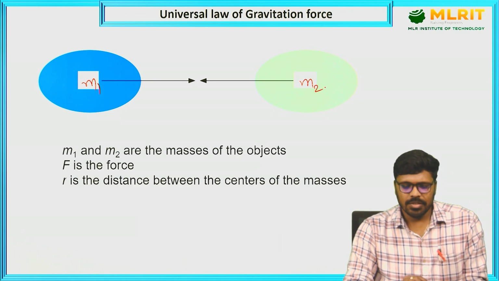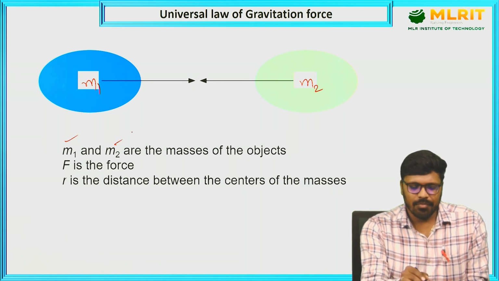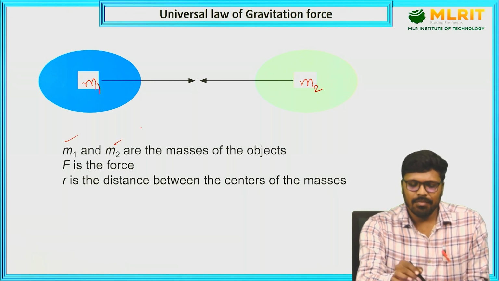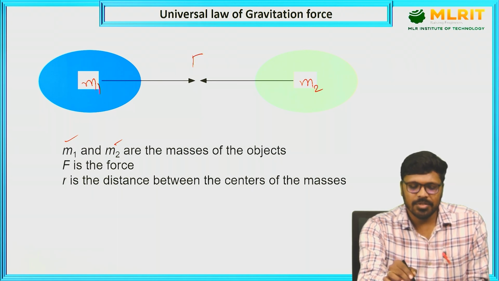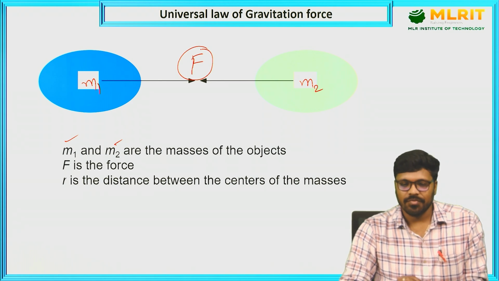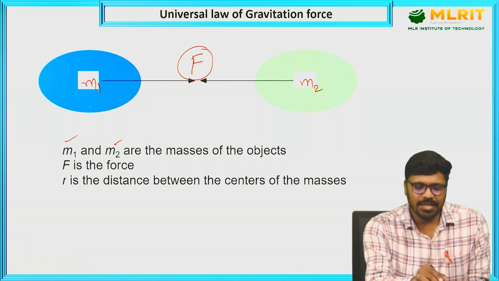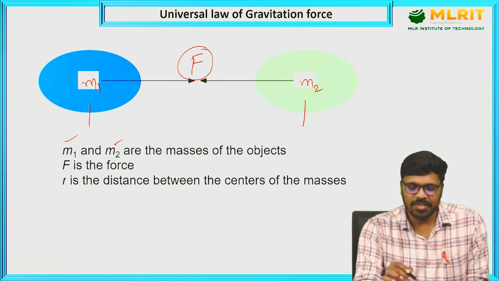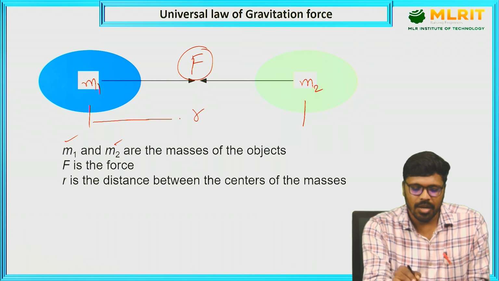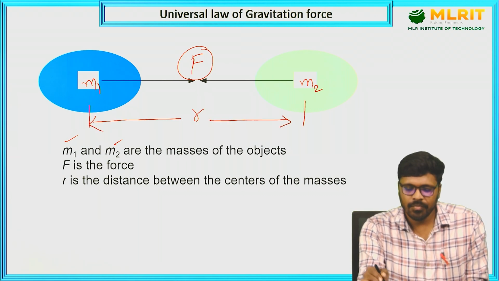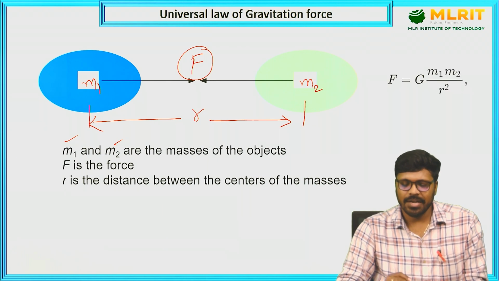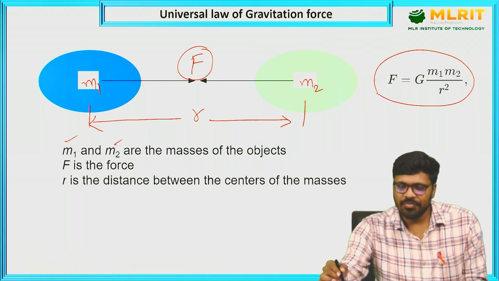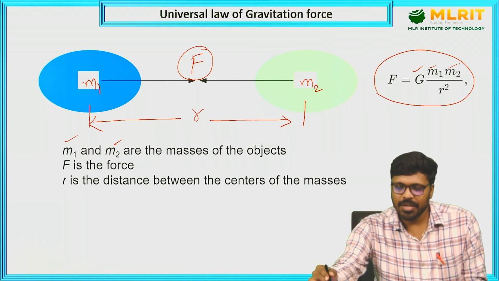Because of these masses, there will be some force between these two objects, that is gravitational force. Let's say the distance between the centers of these two bodies is small r. In this case, the gravitational force is calculated with the formula F equals capital G m1 m2 by r square.